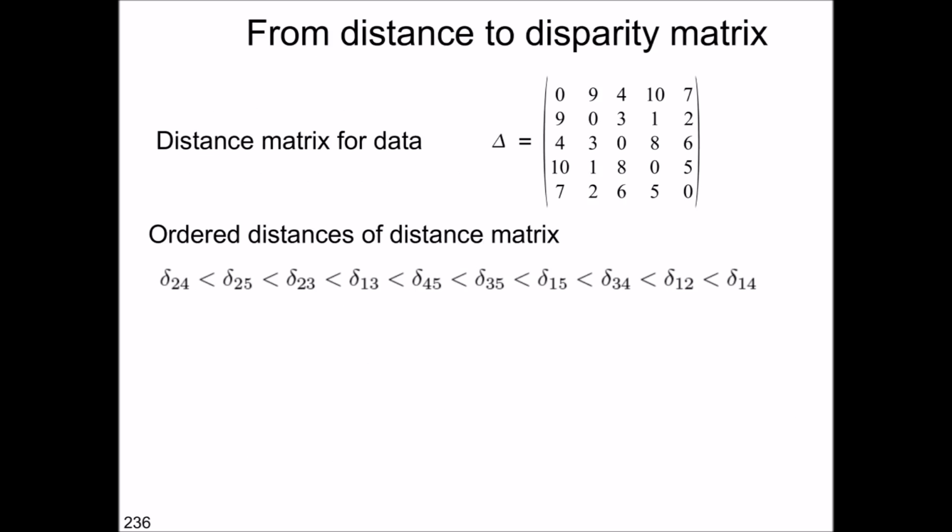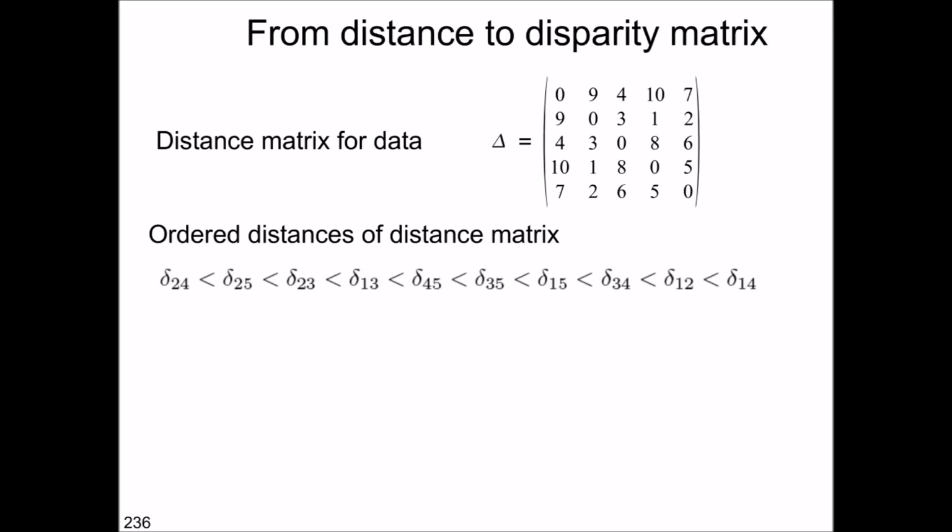So let's scrutinize a little bit the individual steps from the distance to the disparity matrix. As we discussed, we start with the raw data and calculate the distance matrix. So the first matrix that we have is the matrix of the raw data. Then you have the distance matrix for this data, that's shown here.